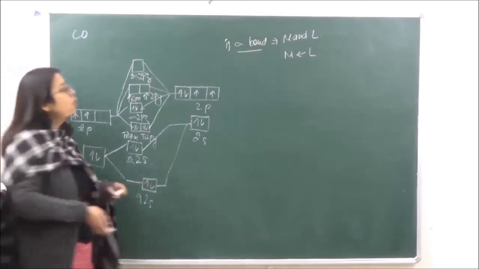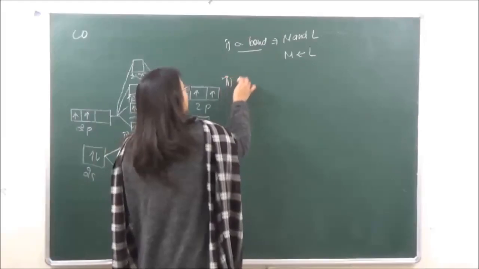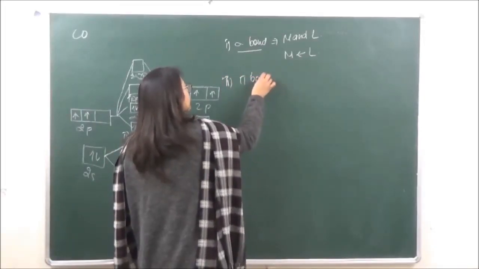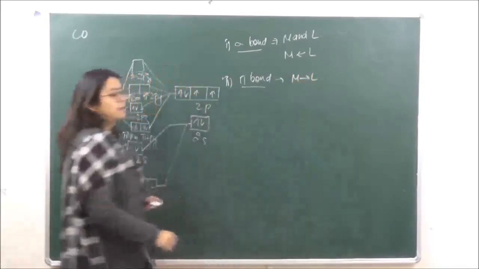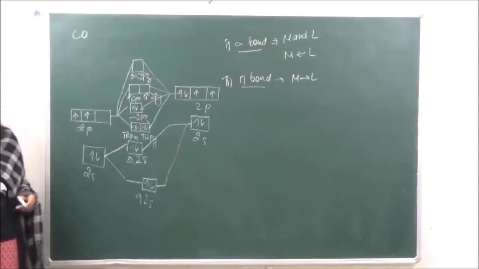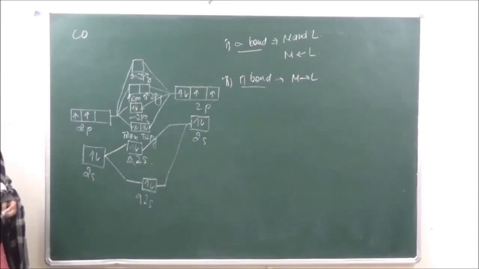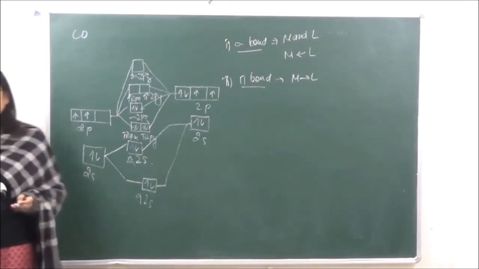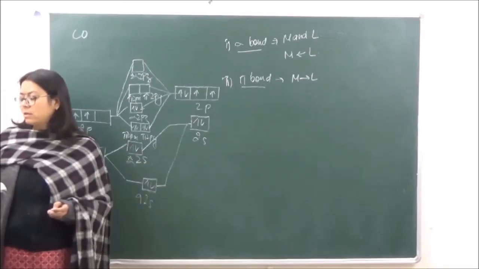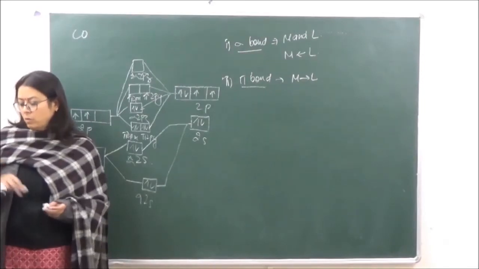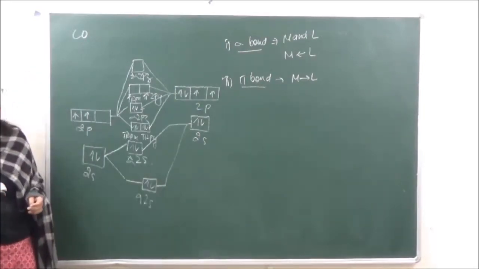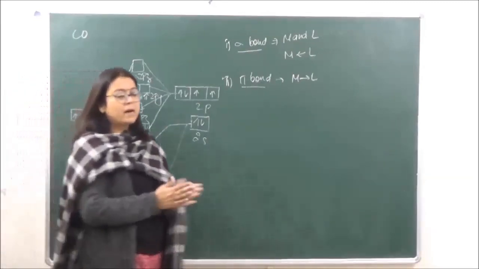This is going to form a pi bond from the metal to the ligand. This is known as back bonding, which stabilizes the structure of metal carbonyls.